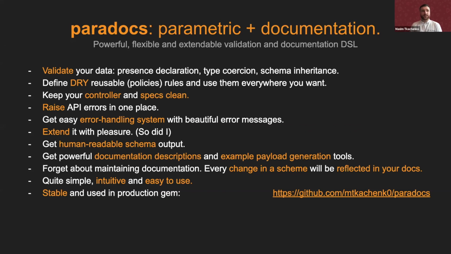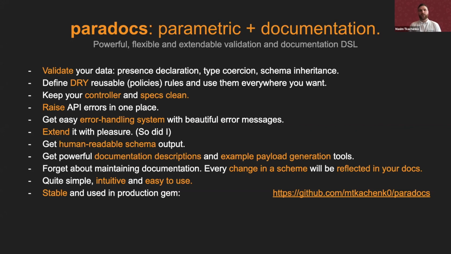So it just allows you to create schemas, fields, policies, and so on. References to the errors that may occur during validation are added in Paradox. Documentation generation is added in Paradox. The payloads generation is also added in Paradox.